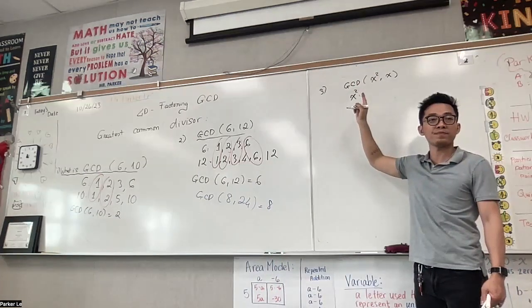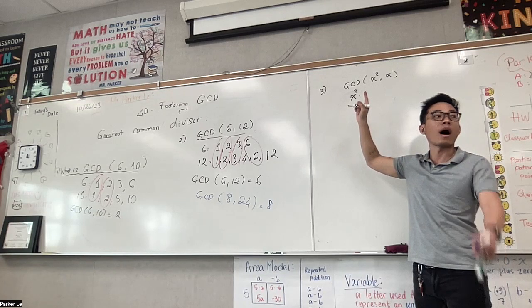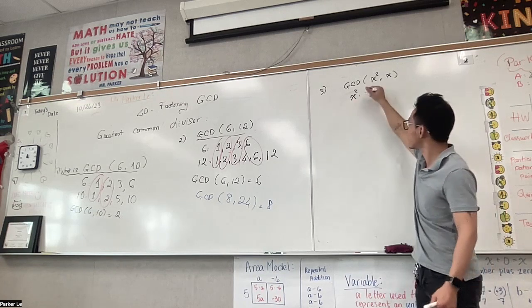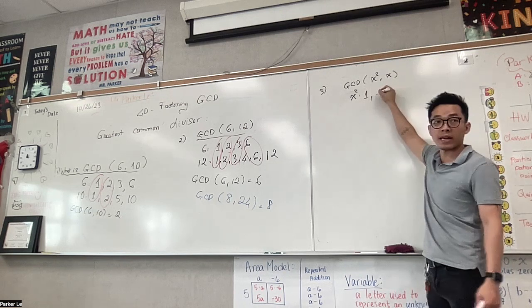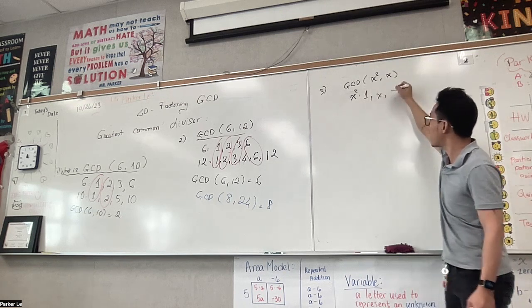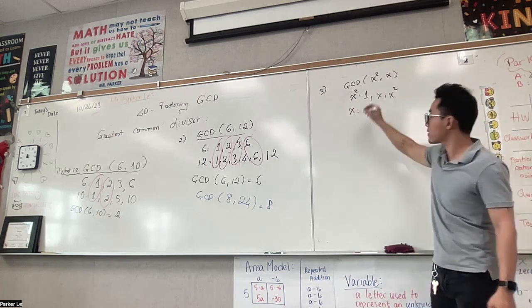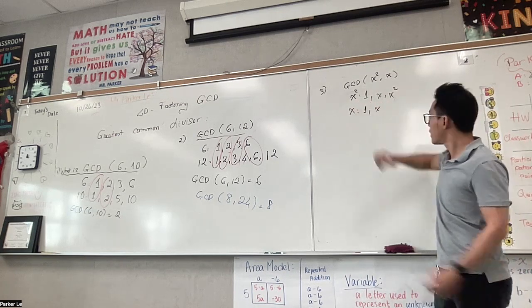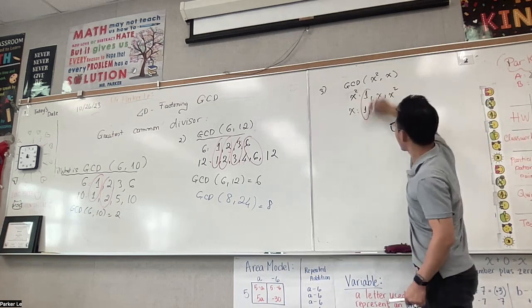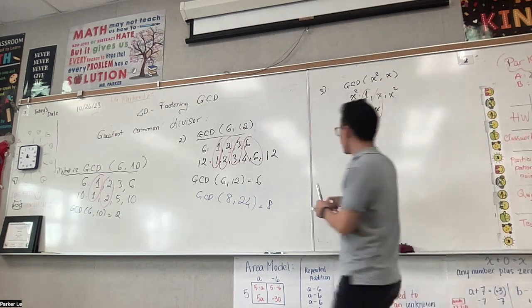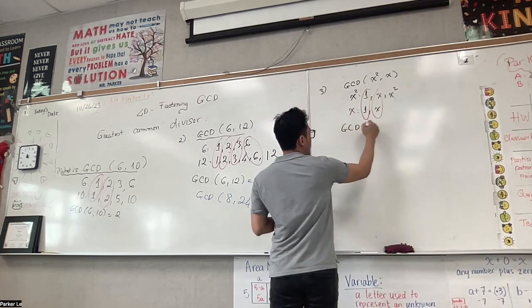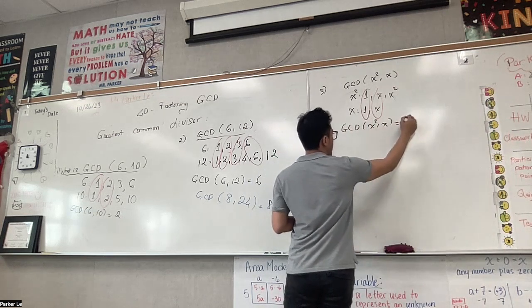You start from 1, always, right? Then what next? x, and x squared. How about the divisors of x? 1 and x. All right, common ones are 1 and x. What is the greatest one? x. GCD of x squared and x is x.